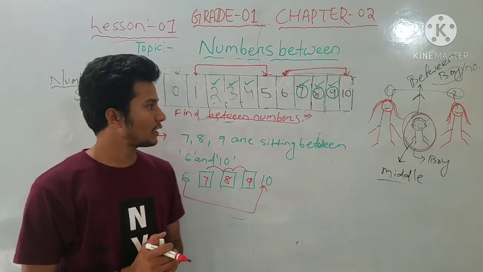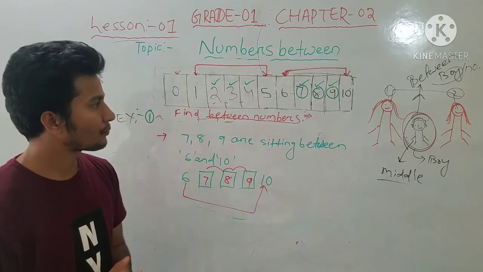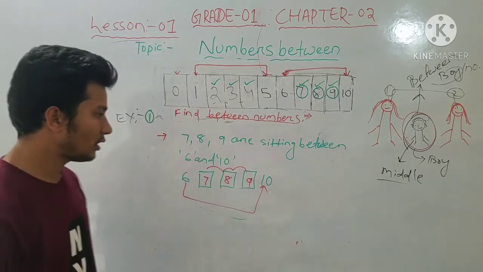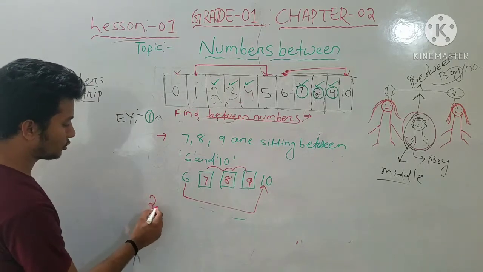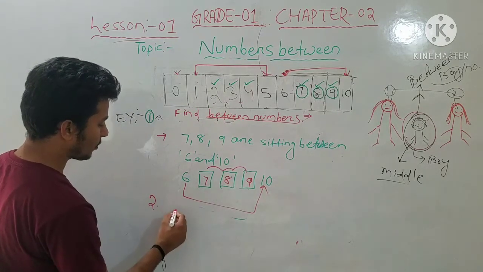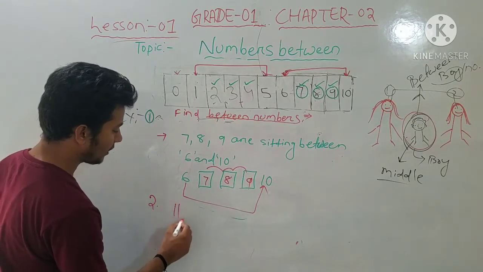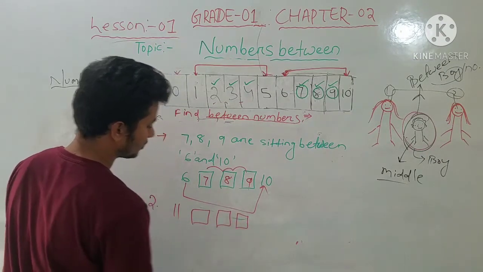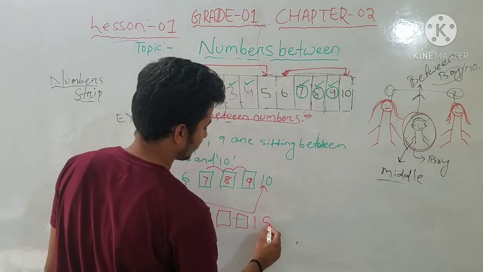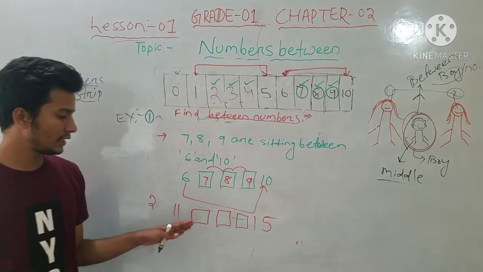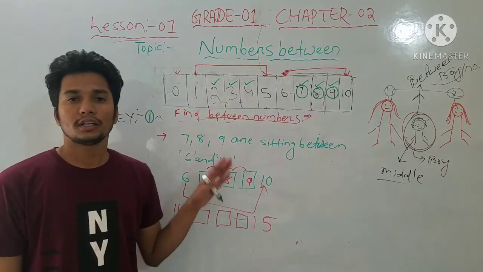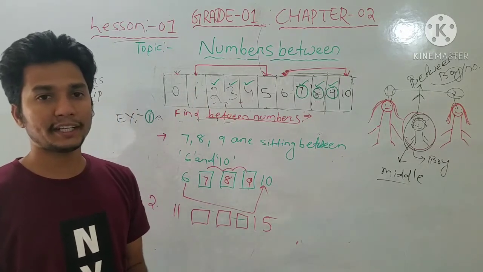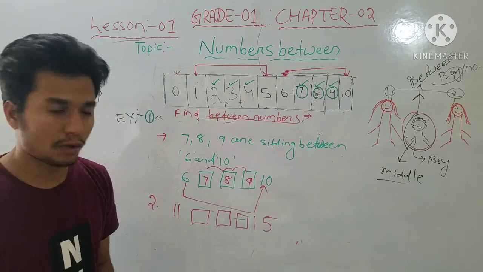Understood? So student, I hope all of you understood. So let's give one more example, the last example, that is example 2. Find between numbers here, 11 dash 15. Okay, and there is no number given in the middle. So how can we identify the between numbers?